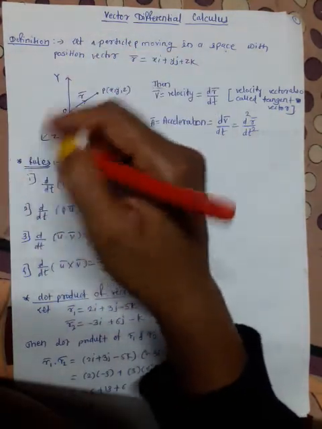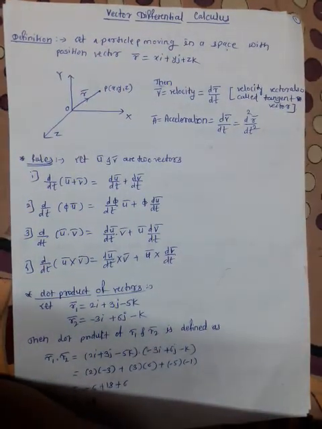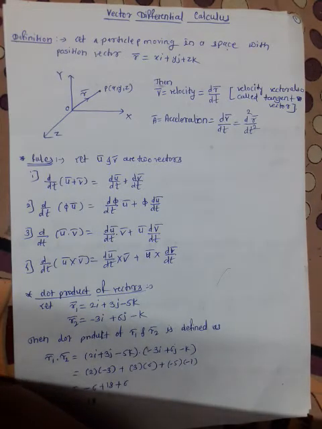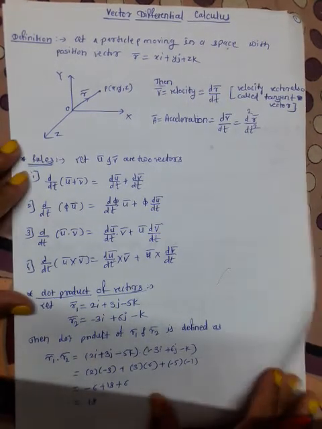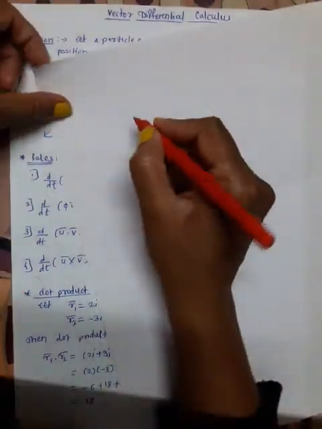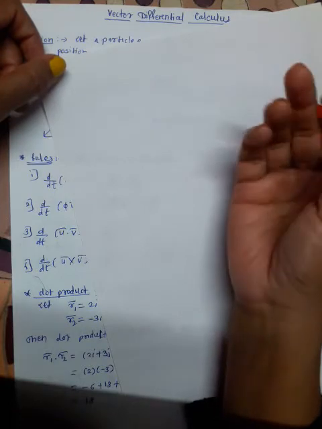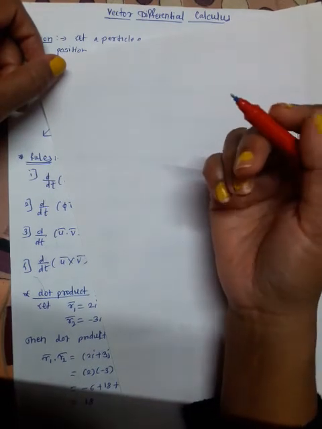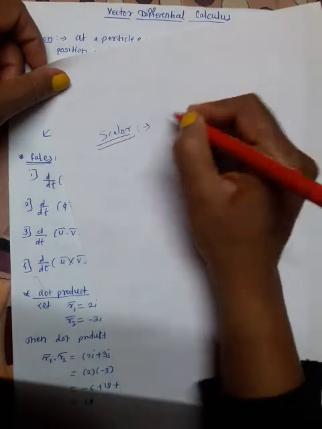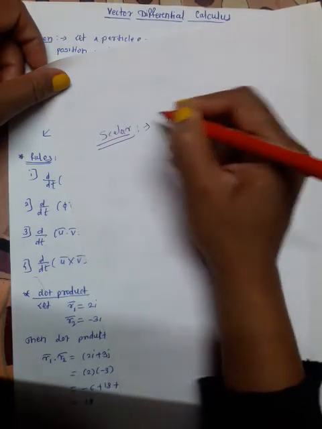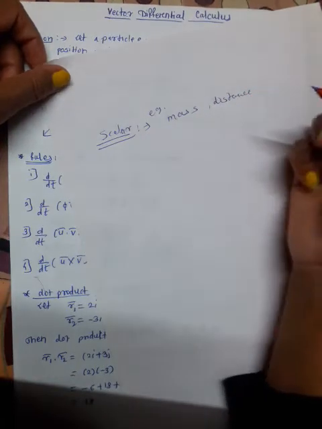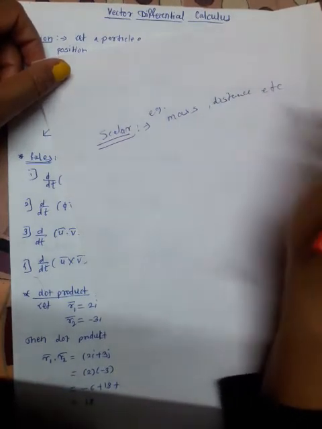In general, we have one definition for vectors. We know there are two terms, vectors and scalars. Scalars can be defined as those entities which have only magnitude. For example, mass and distance are examples of scalars.